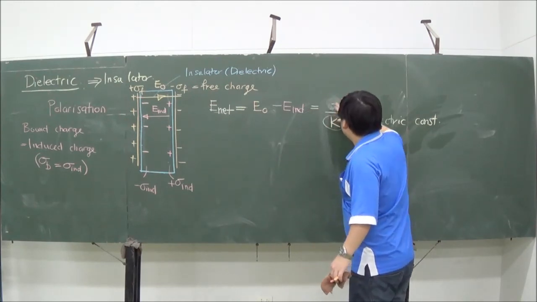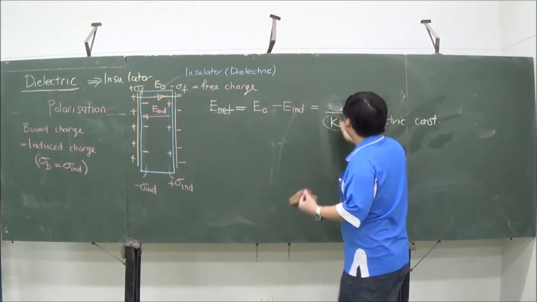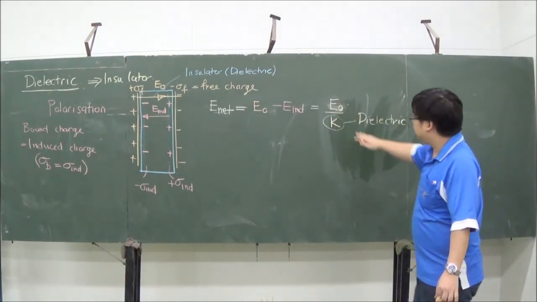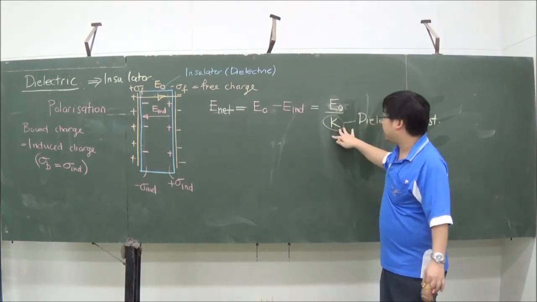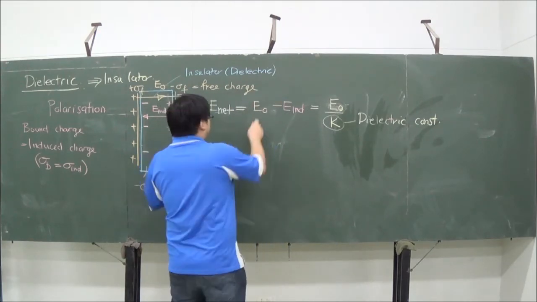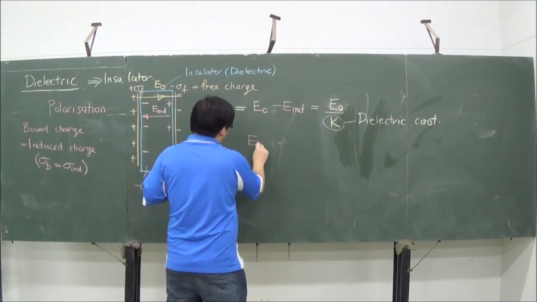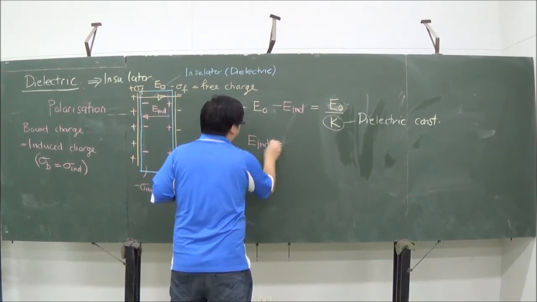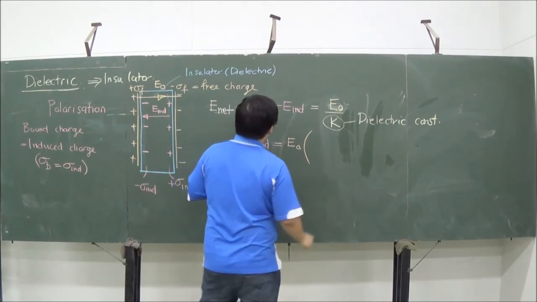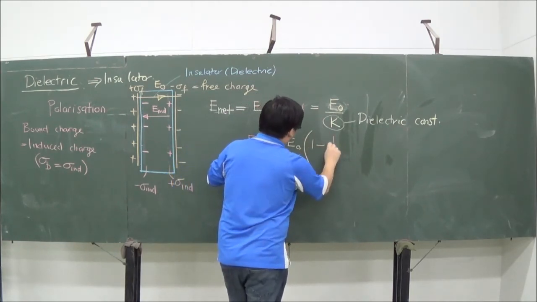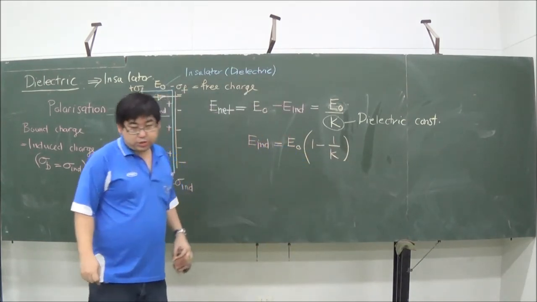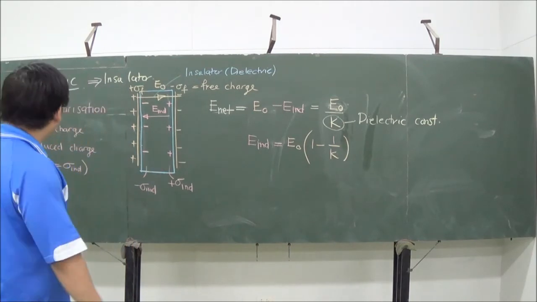So you use the previous field, the old field, divided by kappa, then you get the net field. Solving these equations, the induced field equals E0 times (1 minus 1 over kappa). So you can get the induced electric field from this equation as well.